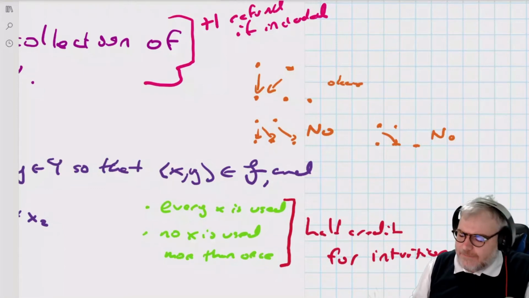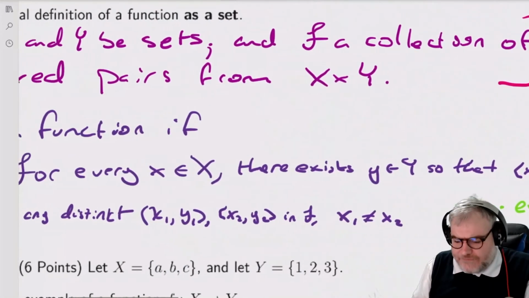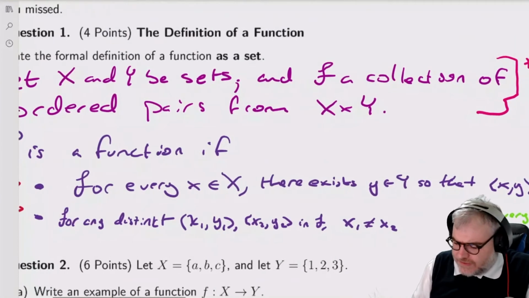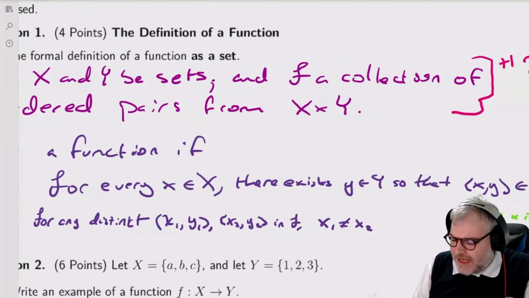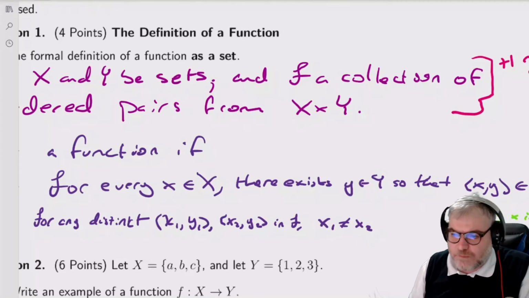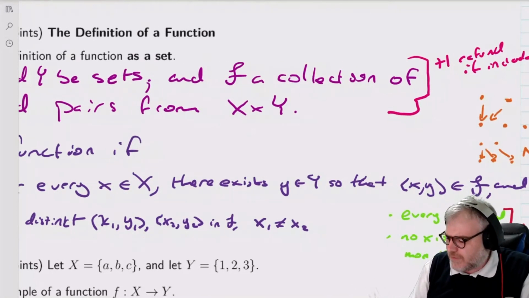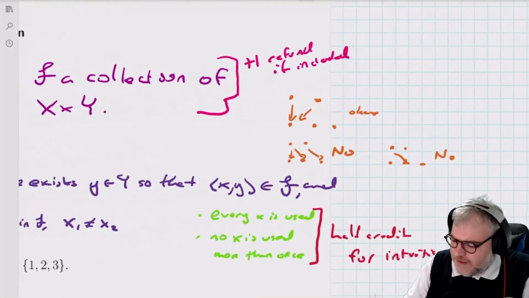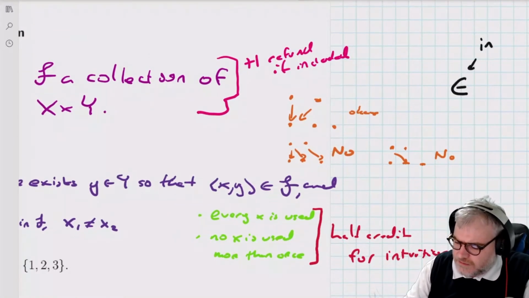Right? Now, this is a harder definition, right? There's for every x, there exists a y, so that (x, y) is in f. You could have written something like, for every x, there exists a y, so that (x, y) is a point. By the way, this little symbol, someone was asking me about that earlier. This means in, or is an element of.